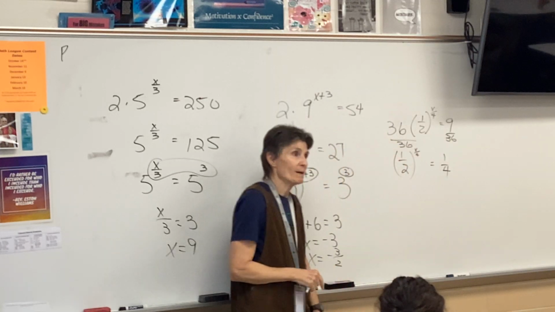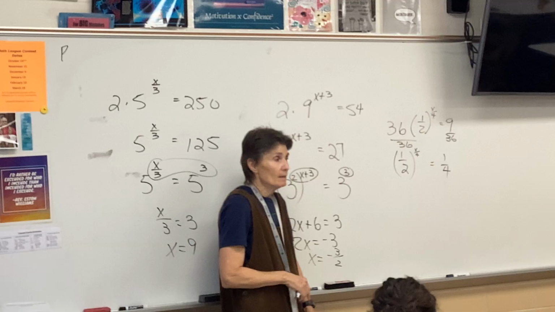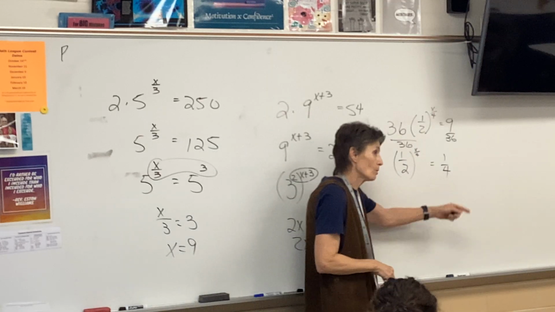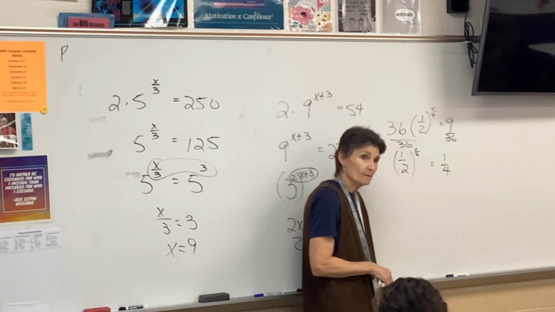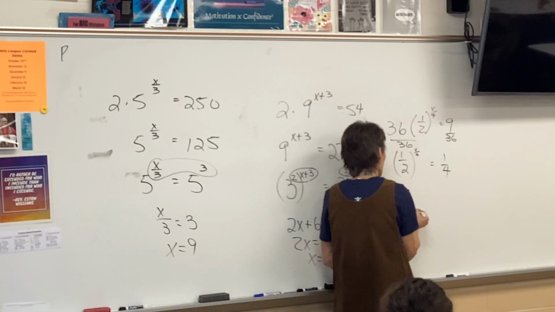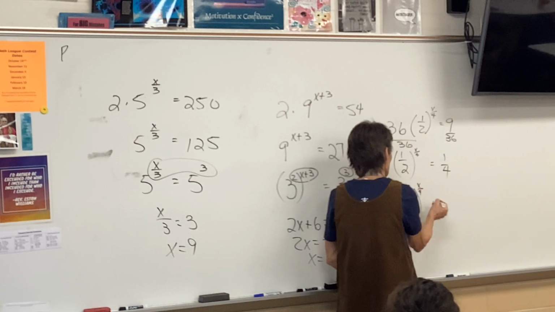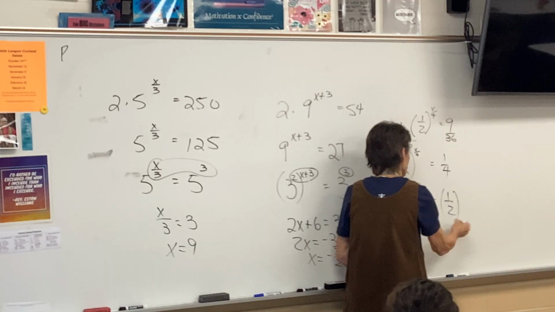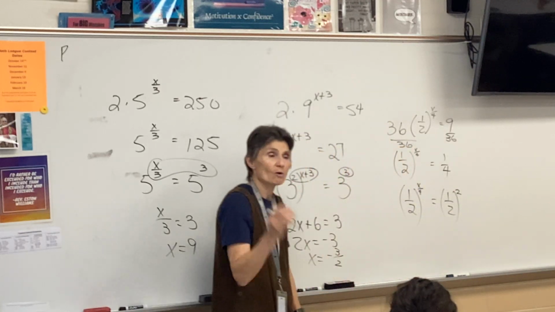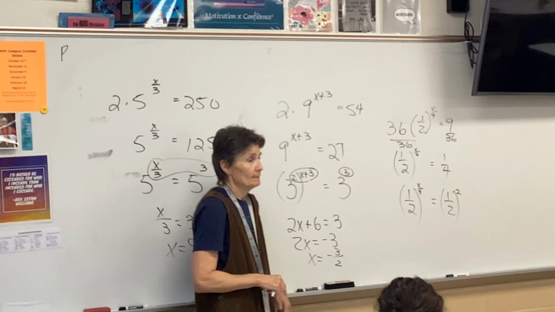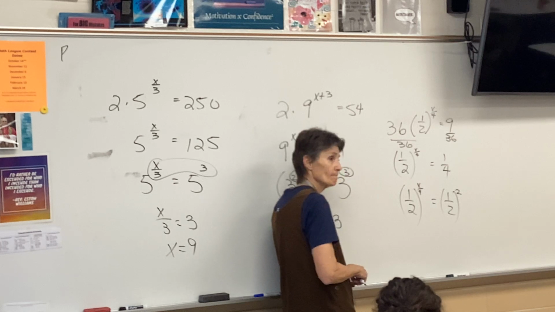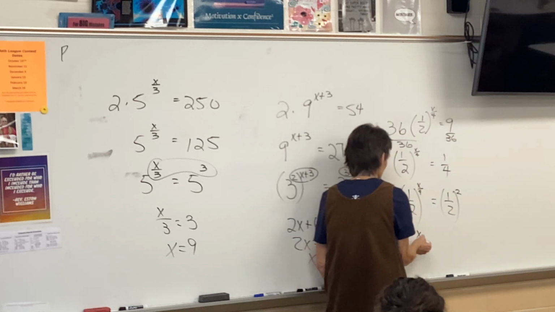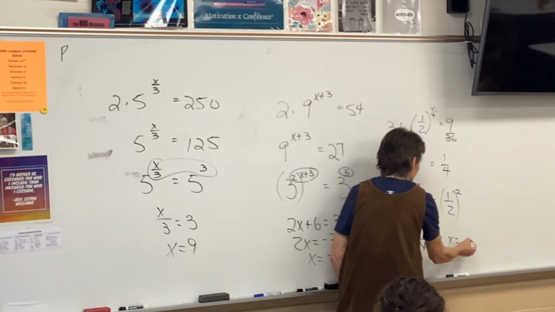Why does that make my heart beat for joy? 1/4 is 1/2 squared. So 1/2 to the x over 4 equals 1/2 squared. Kids, they're all going to break that way. So yep, x over 4 equals 2 and x equals 8.